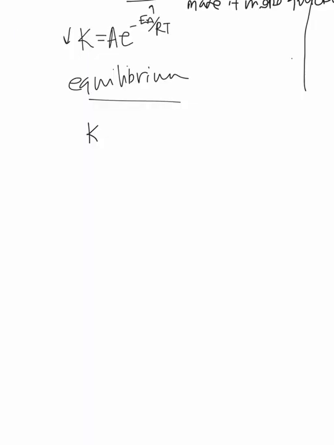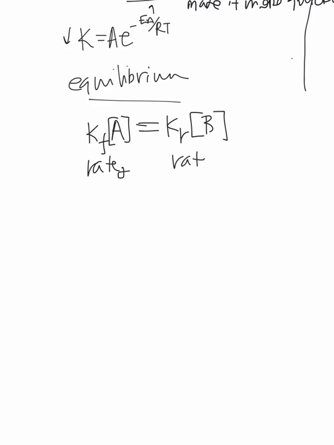And so at equilibrium, the rate constant of the forward reaction times the concentration of our reactants is equal to the rate constant of the reverse reaction times the concentration of our products. So the rate of the forward reaction is equal to the rate of the reverse reaction.